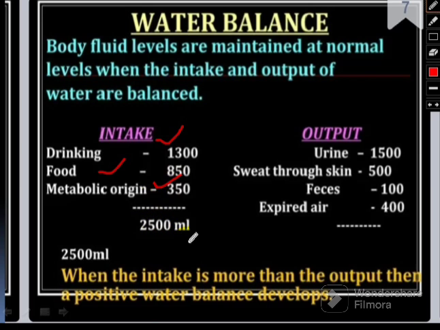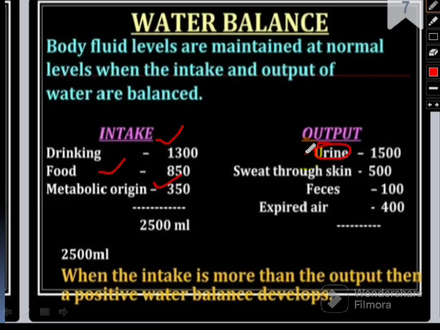And the water output simply means how water leaves the body. The first thing here is through the urine. In fact, the majority of the water in the body goes out of the body through the urine.